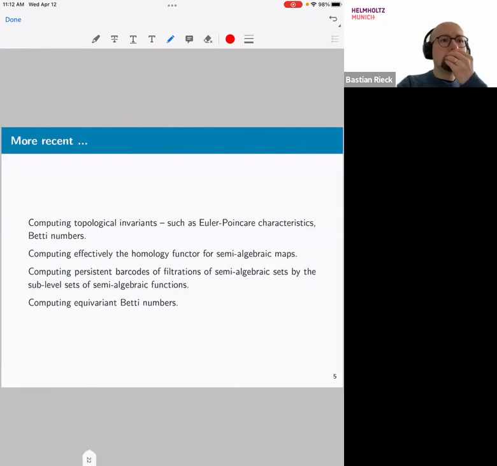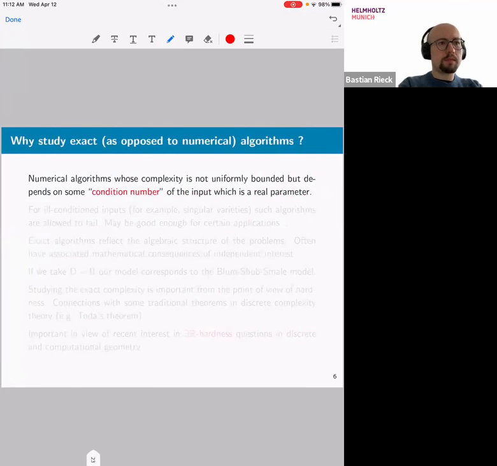If you have a semi-algebraic set with group action, then you can also ask for computing its equivariant Betti numbers. The reason I listed these problems is because there's been recent work on each one of them for developing algorithms for computing these invariants. But you can think of other problems.